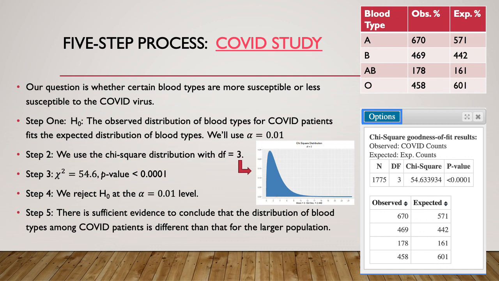It just tells you that the distributions are different. But knowing what this test produced, we could now go in and do a proportion test on type A blood and see if people with type A blood are more susceptible than people of type O blood. We could do a 2-sample proportion test if we wanted to do that.